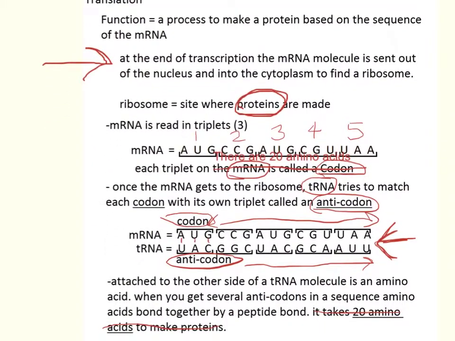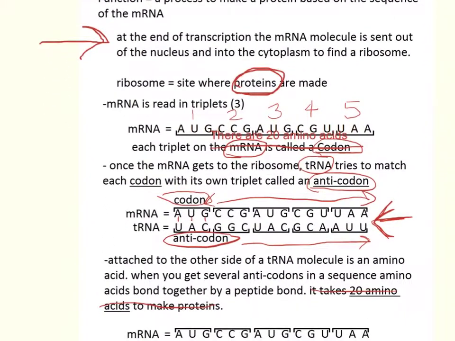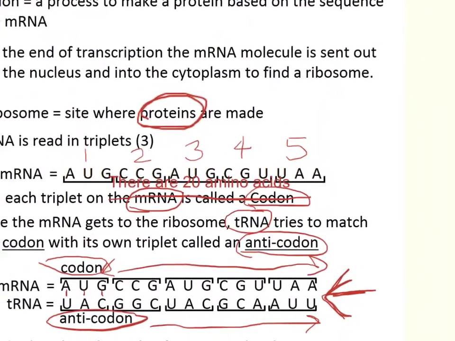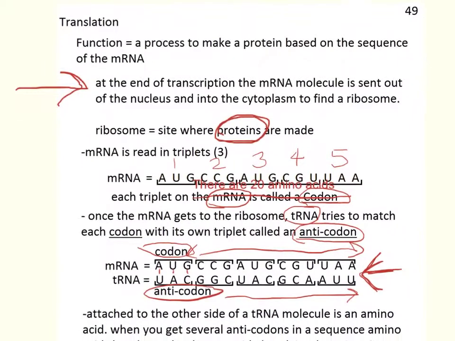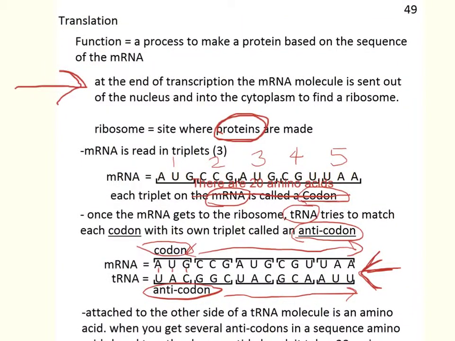If we were equating it to the cookie that we did, the making of the cookie, we said transcription would be the process of one of your group members writing down the recipe, going out into the hall and writing down the recipe and coming back in.